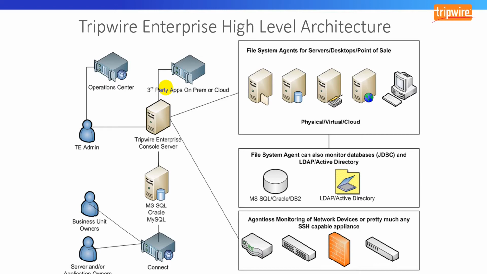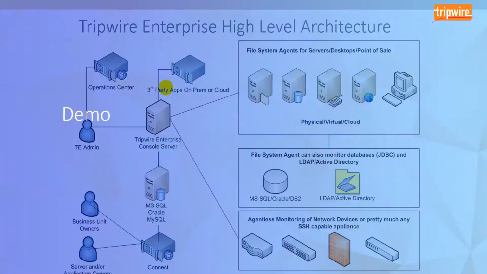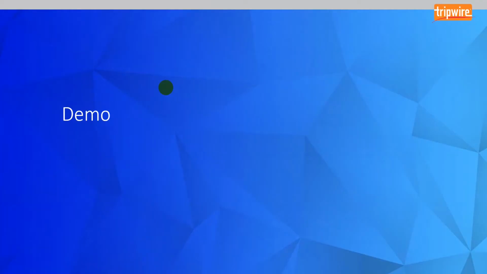If you are interested to get the Connect edition with the Tripwire Enterprise, you can. And if you are not interested, Tripwire Enterprise is built in with thousands of reports, you can generate and you can customize any report you need for Tripwire or the changes that you are collecting on. So this is the high-level architecture, and let's go for the demo.